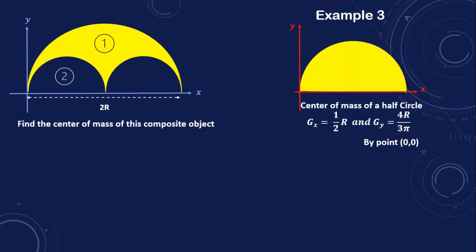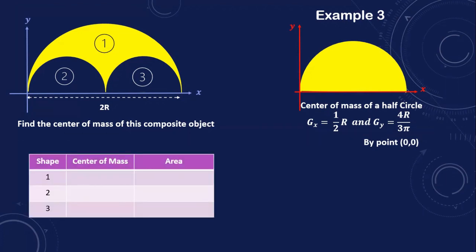It is a small half circle. And the third object is an empty object. It is a half empty circle. That's right, everyone. So there are 3 objects that build this composite object.